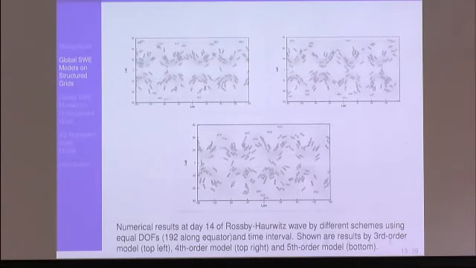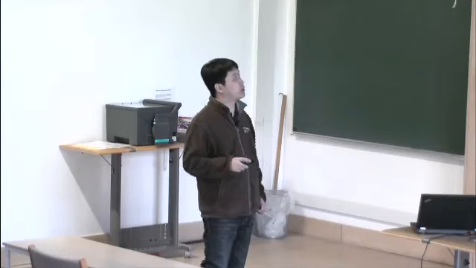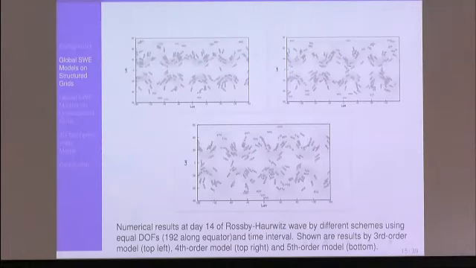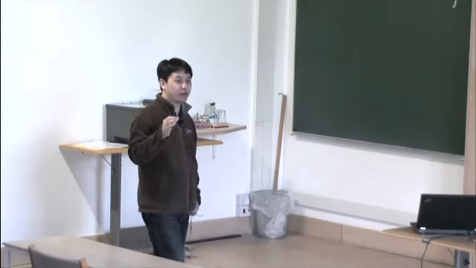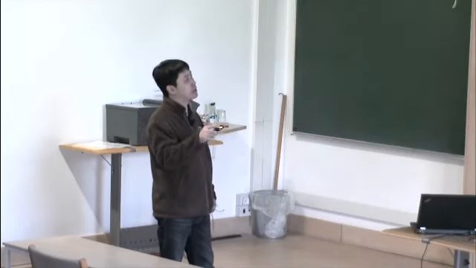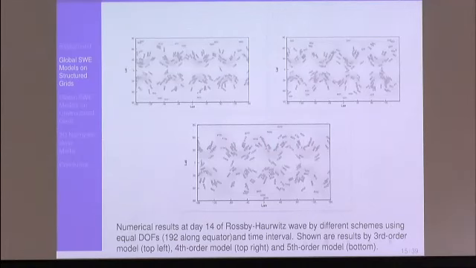In this slide, I would like to show you the numerical results of the Rossby-Haurwitz wave. Maybe it's not so clear, but these results are calculated by models of different orders: third order, fourth order, and fifth order. During the computation, we use the same number of DOF and the same time integration interval, so the computational cost is almost the same. But you can see the results are very different.